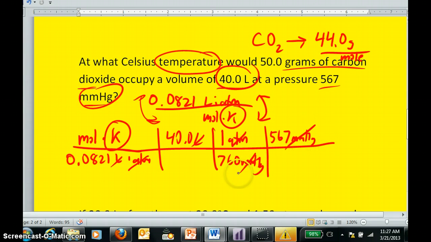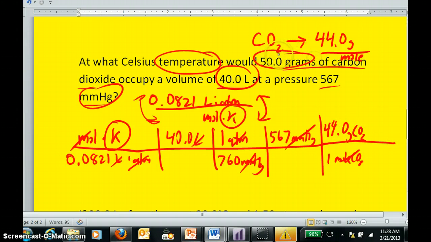And we're almost home. We have our temperature, but we still need to cancel moles. And the only place I see moles is right here in the molar mass of carbon dioxide. There are 44 grams CO2 for every 1 mole CO2. And moles will cancel, but I still have to cancel mass, and fortunately I was given a mass.